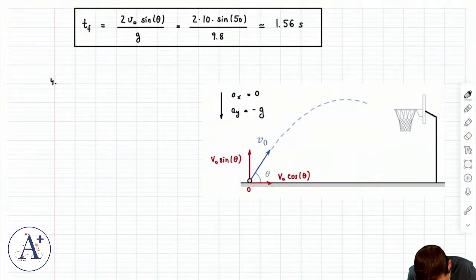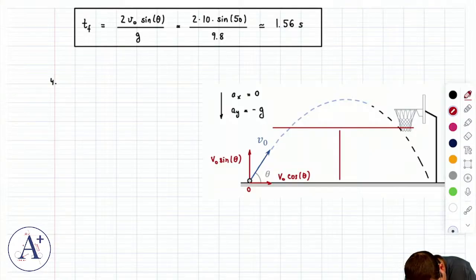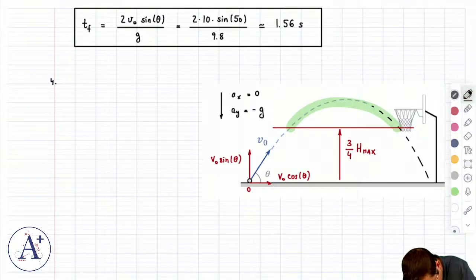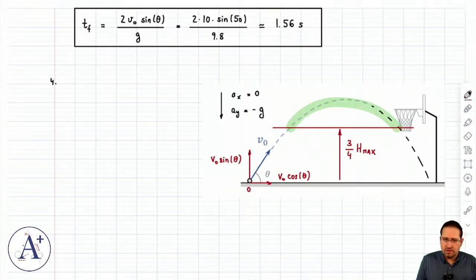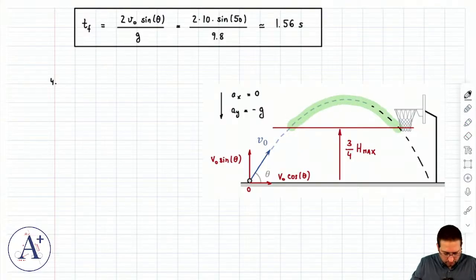Okay, so let's just do this. This is the rest of the thing, and then let's say that this is a height. I'm not trying to draw this to scale, right? This is 3/4 of y max or h max. I guess I should have called it y max, but it doesn't matter. This is 3/4 of his max height, and we want to figure out the time spent above that portion. Okay, so that's a bit more challenging, because how do I describe being above this, right, above 3/4 of h max?